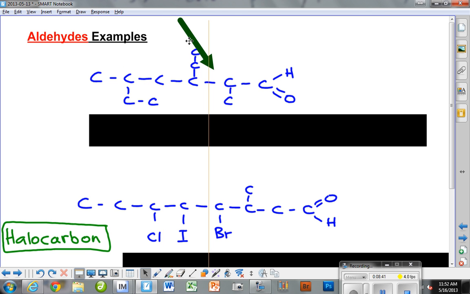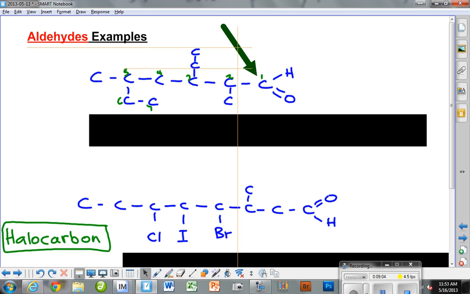So now we have to determine what the substituents are. And it's probably nice to go ahead and write in the numbers. So this is 1, 2, 3, 4, 5, 6, and 7. And this guy here, you see, is on the end, making it a heptanal.